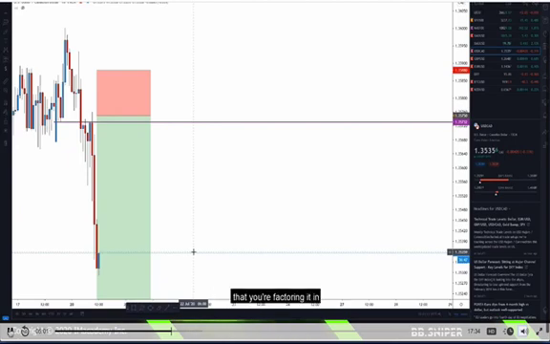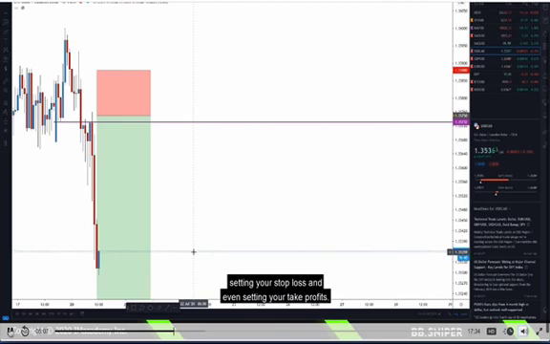Specifically, you've got to make sure that you're factoring it in when you are setting your limit orders, setting your stop loss, and even setting your take profits.